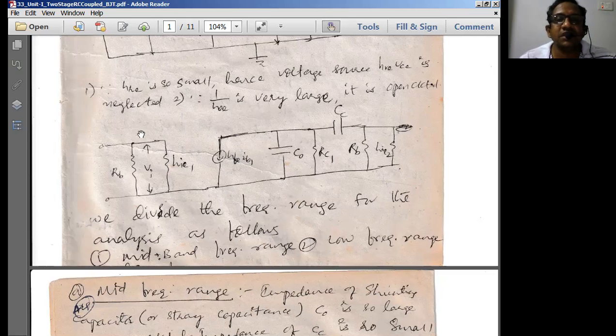This HIE is at the input side of the transistor, and HFE IB is on the output side of the transistor. What is important here is that the BJT is a current control device. The output current IC depends on the input current IB, so we call it a current control device. We normally apply the input voltage and get the output as current.